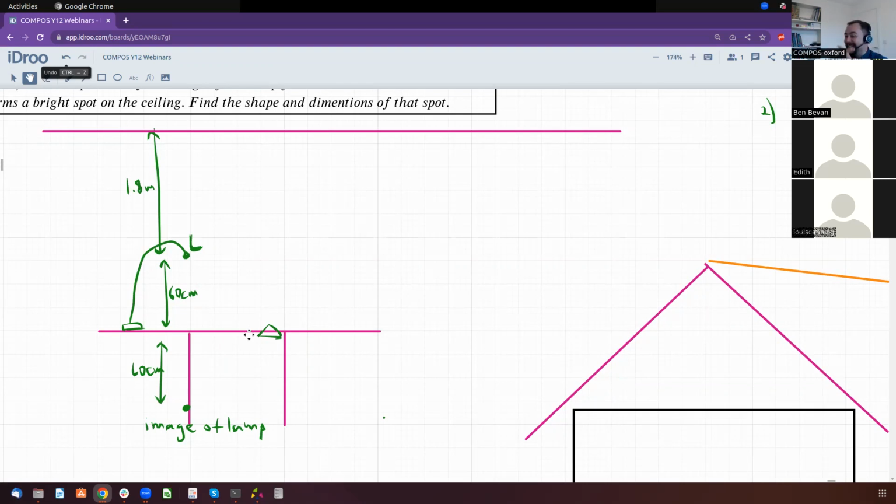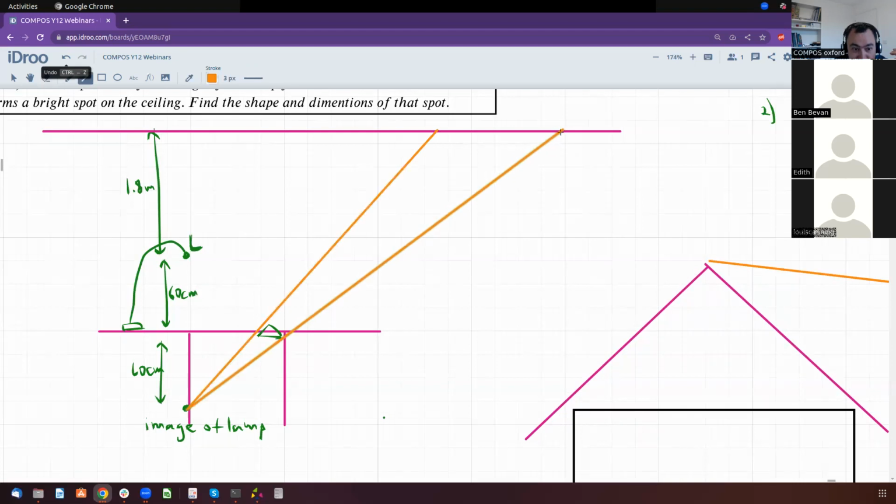And the light is coming from the image, and it passes through the mirror, and it forms a triangular bright spot on the ceiling, which is exactly the shape of the mirror.